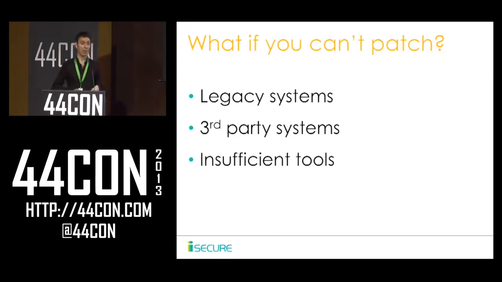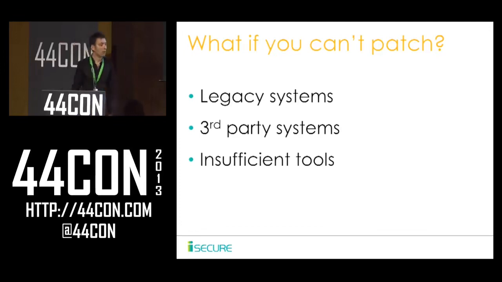Or it could be a third-party system with an agreement that says we update this software every 6 months, and you just got an update 2 weeks ago. Okay, so then you can choose to pay a lot of money for them to make an emergency upgrade. Pay a lot of money, you know how that goes, probably won't happen.